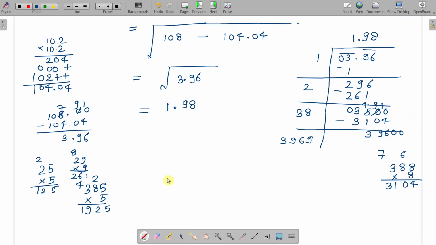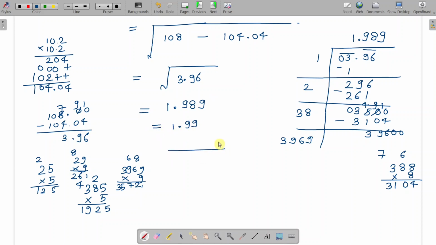So 396 nines are, let us see, 3969 into 9: 9 nines are 81, 9 6s are 54, 54 plus 8 is 62, 9 nines are 81 plus 6 is 87, 9 times 3 is 27, 27 plus 8 is 35. So 9 you will get here, so that means it is 1.989, so that is nothing but 1.99.